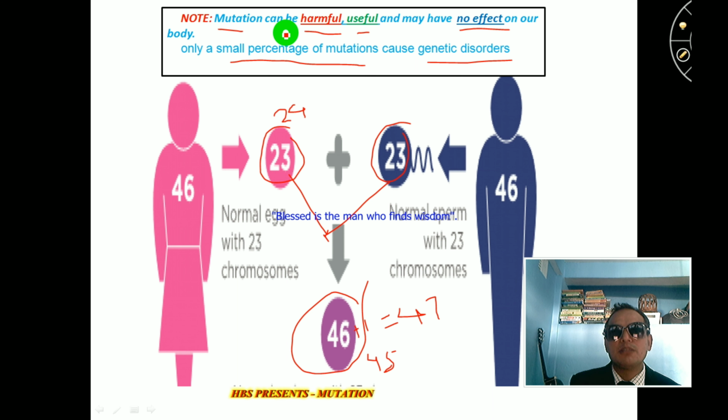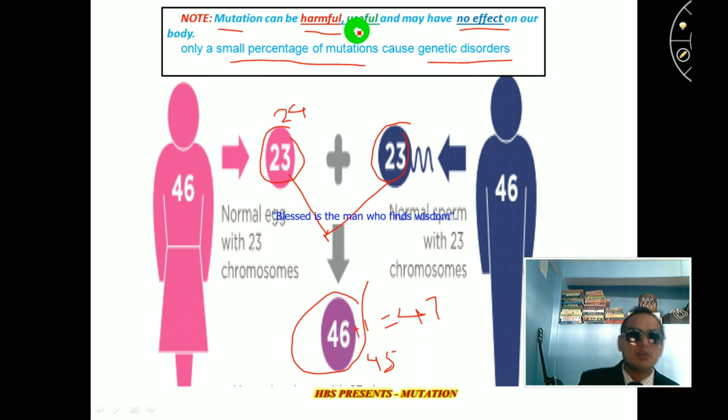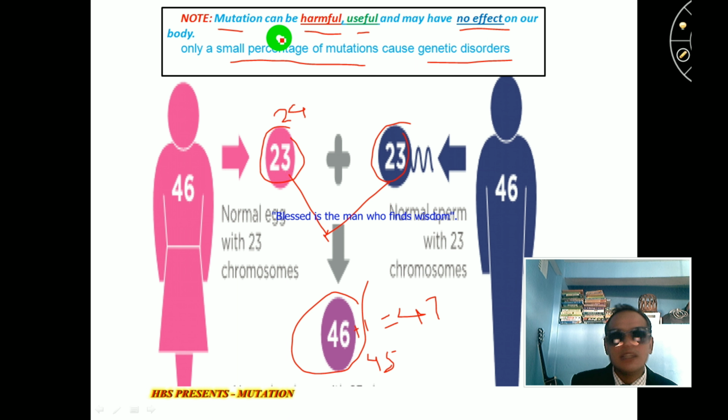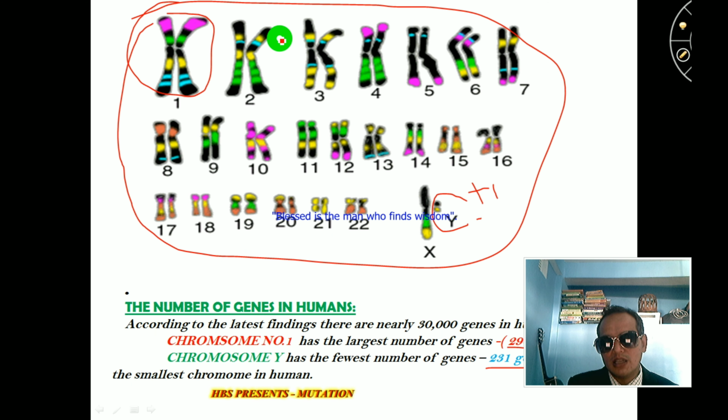Look at here. Here the mutation becomes a useful trait to him, or one of the important things for his body, in order to overcome some diseases. So this is how mutation can be harmful, useful, and sometimes it may not have any effect in our body. It just remains in a dormant condition. So this is how we learn.